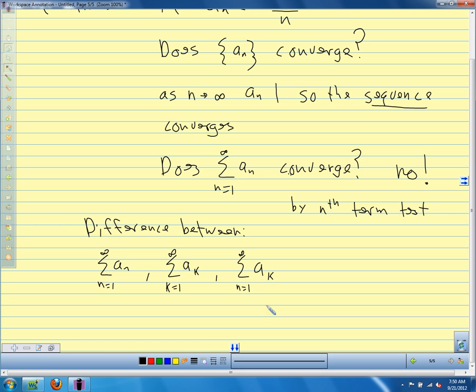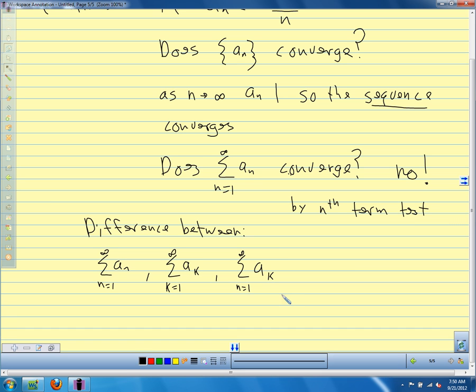How about the third one? What is this third one telling us to do? Liam says it's a sum of something defined in terms of k.